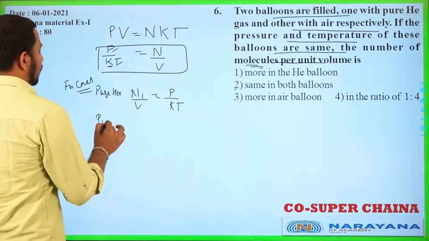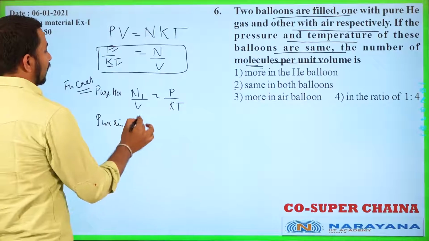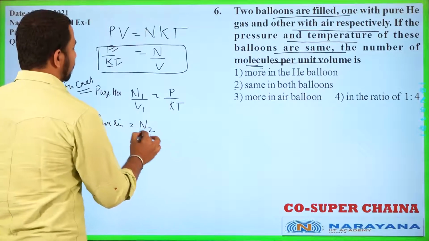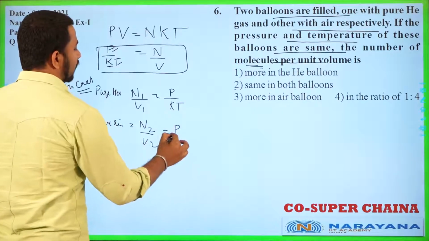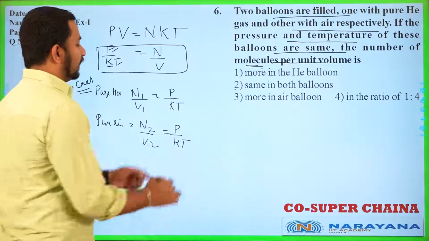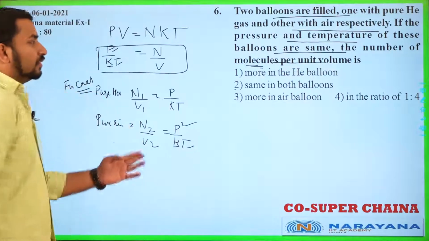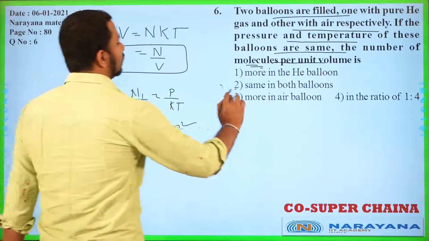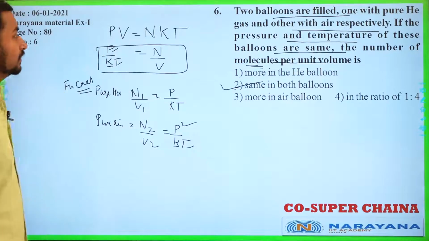Now for pure air, N2 by V2, we also keep P and T the same, and k is a fixed value. So it will be the same in both the balloons, and that will be the answer of this question.